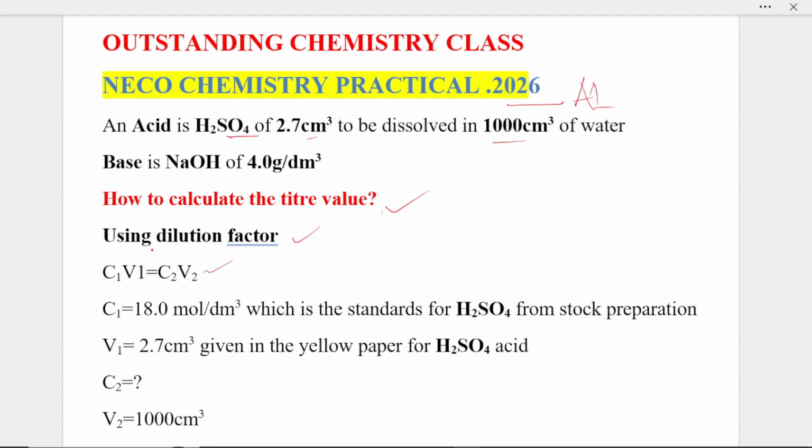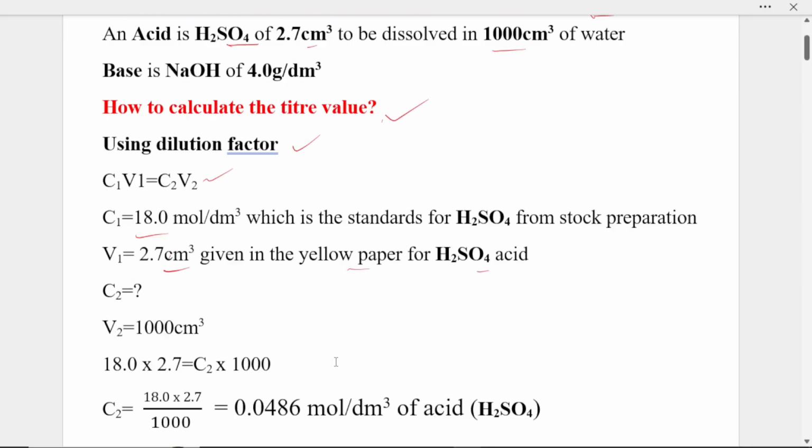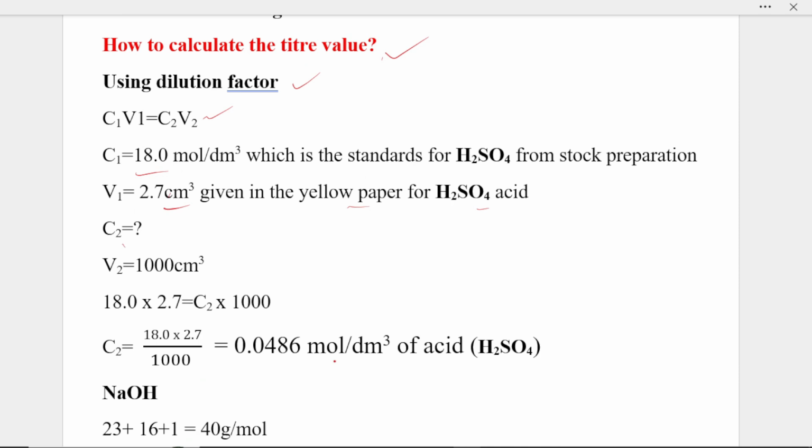So our C1 is 18.0, which is from the stock solution of H2SO4, while 2.7 is what we have been given in the yellow paper, while we are actually looking for our concentration C2, while our volume V2 is 1000 cm3.